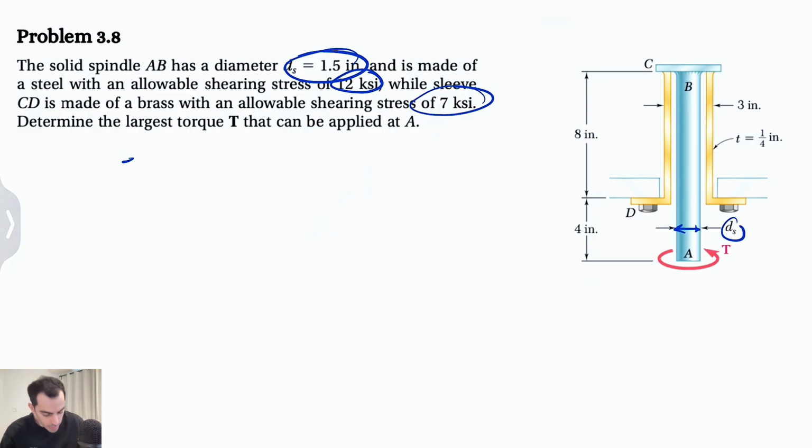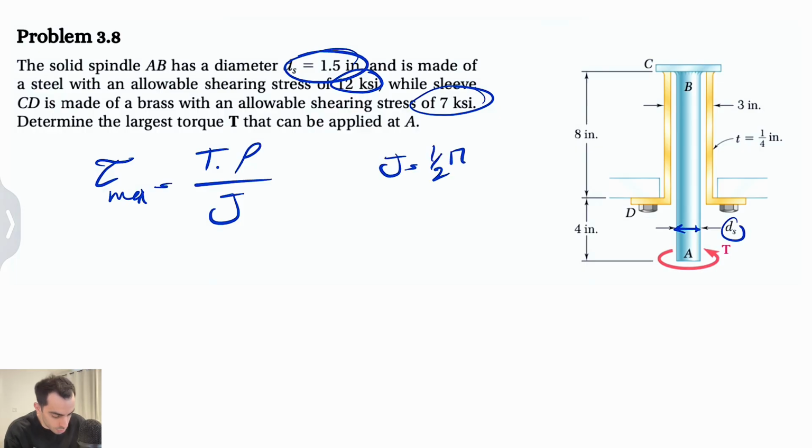So the formula that they've discussed over and over is the elastic torsion formula, where we have torque times rho, or the radius, over the moment of inertia. Since we are dealing with a circle, we know the moment of inertia is 1/2 of pi times the radius, or we can show it with c, to the power of 4.